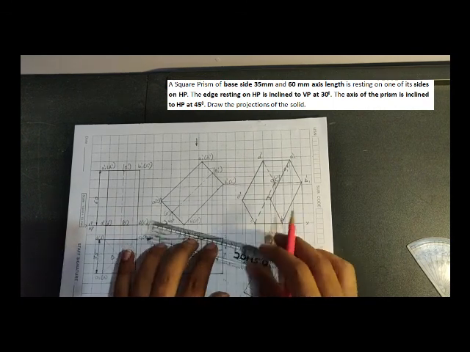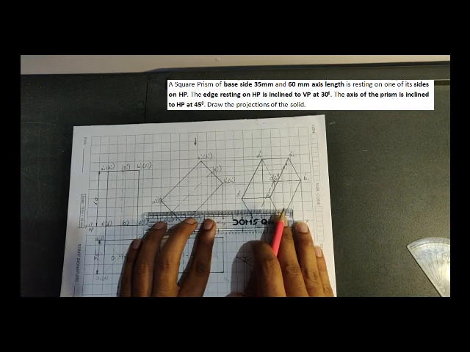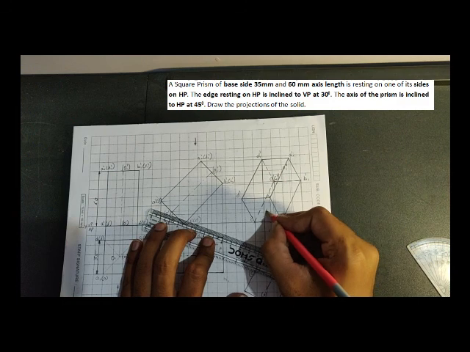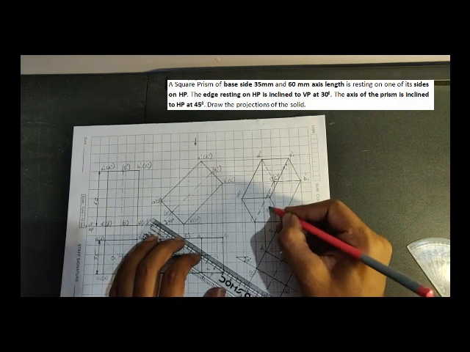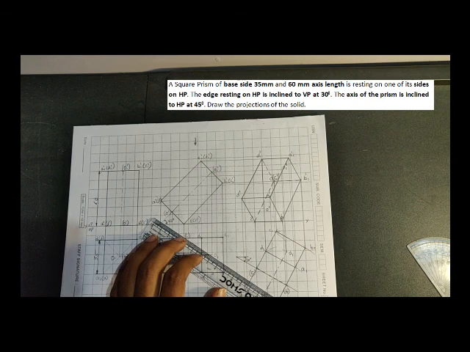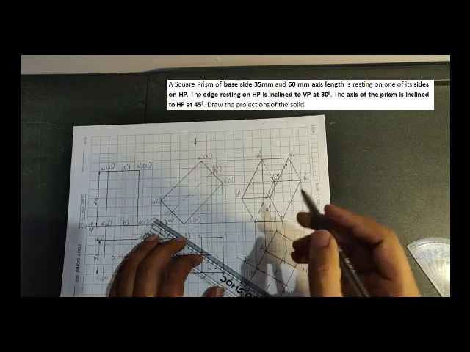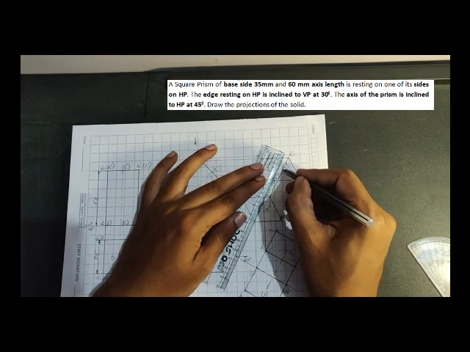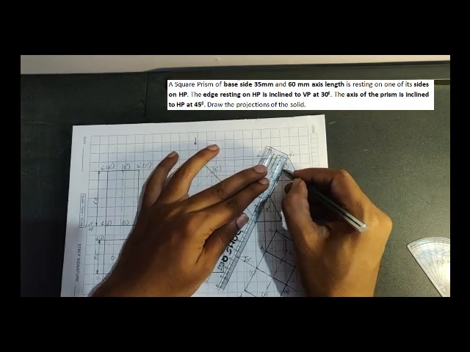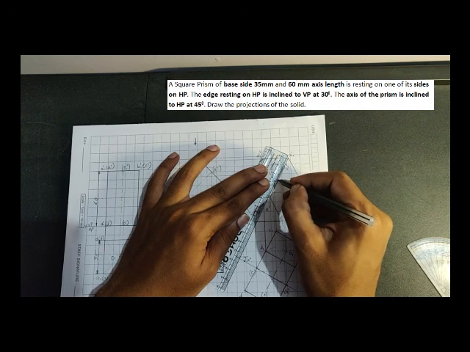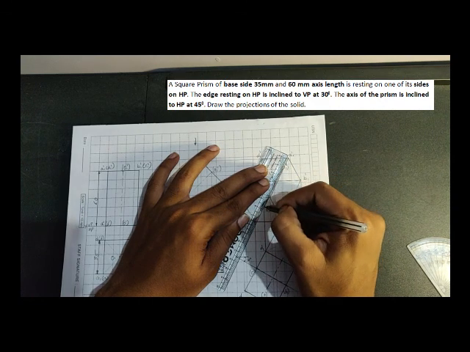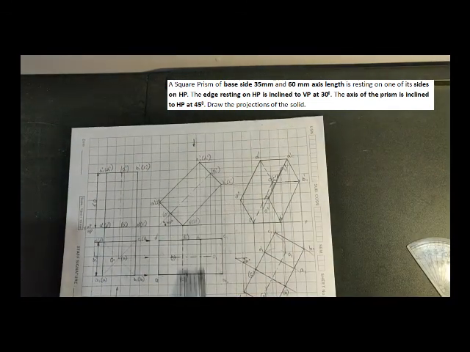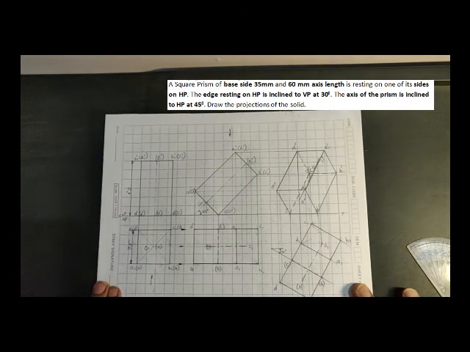It comes again on this line, so this is O dash, correct? So bottom surface is completely visible, so O dash is not in bracket, O1 dash in bracket, you have to write. Considering this, it may overlap, let it overlap, so you need to draw the center line here. So this is how you want to draw the axis line. Okay, so this completes the solution.